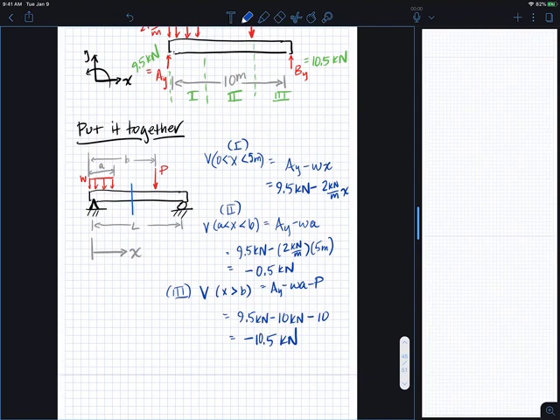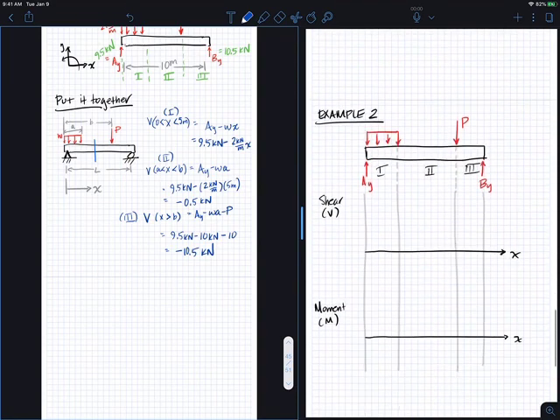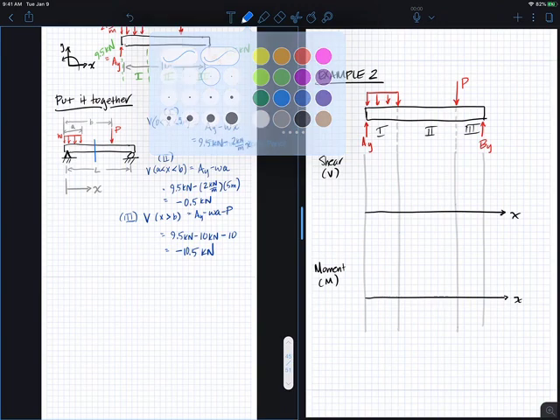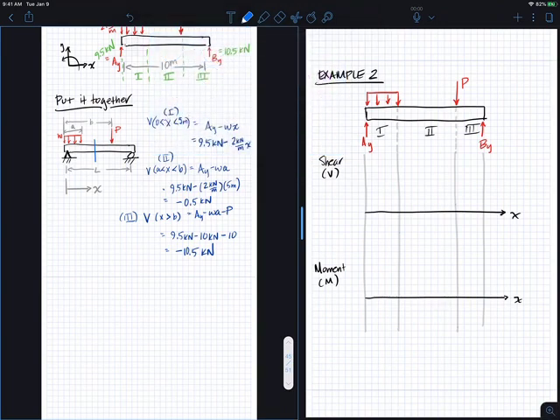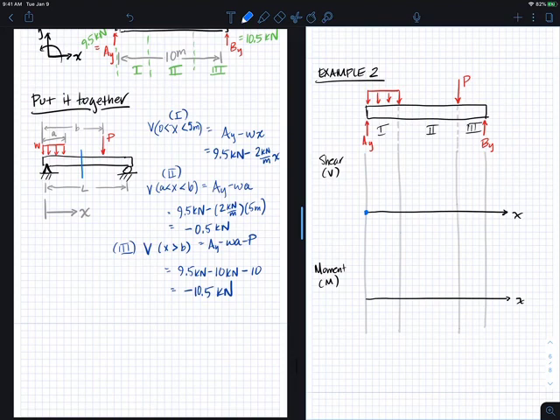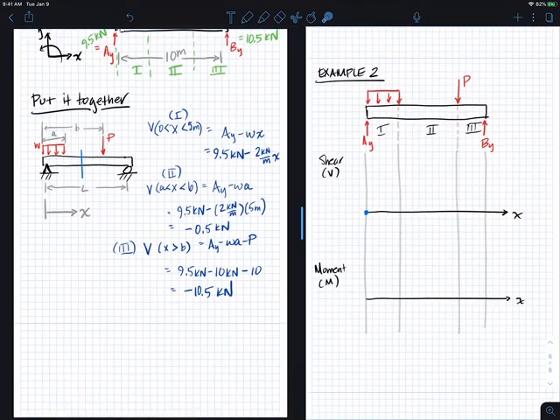Okay, so now let's go ahead and draw that shear diagram. And I've already got our sections set up over here on the right-hand side. So we know that the shear in section 1 is going to start off, if x equals 0, then of course we're at 0 here. Right, so plugging into this equation on the left-hand side, x equals 0, oh, sorry, totally wrong.